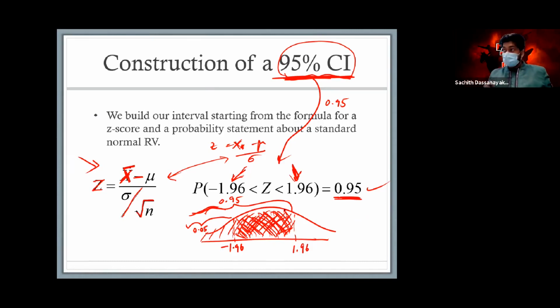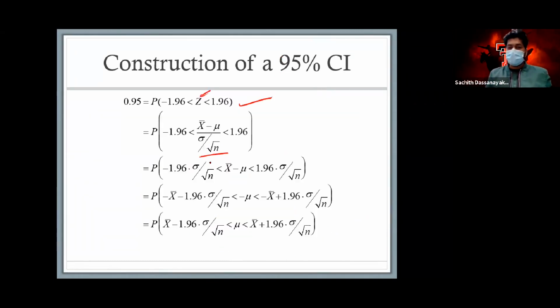Instead it is X bar minus mu divided by sigma over square root of N. Just replace Z, then do the cross multiplication and isolate mu. That's what they have done here. Once you multiply everything by sigma over square root of N, you will get this. Clear?